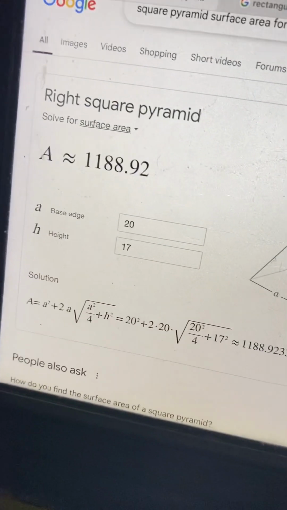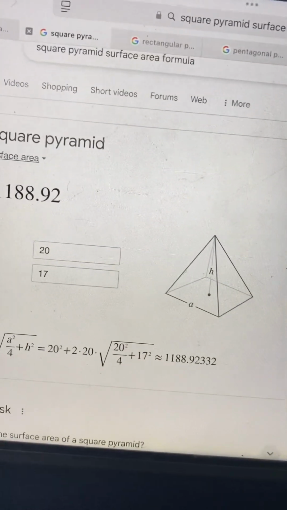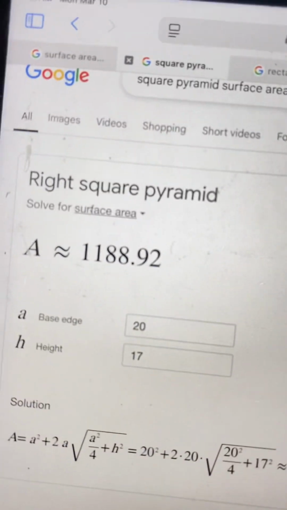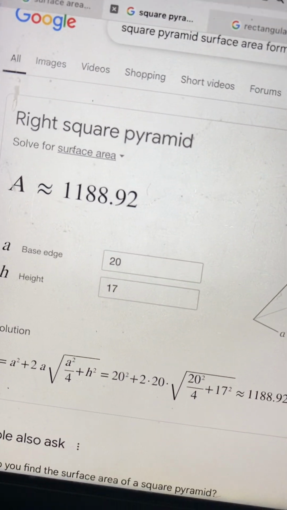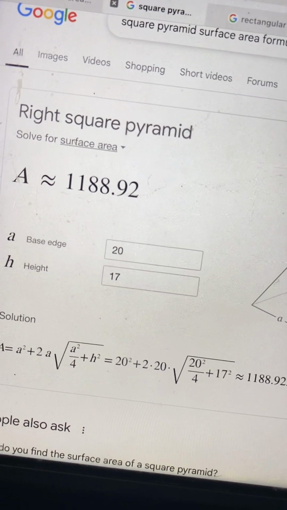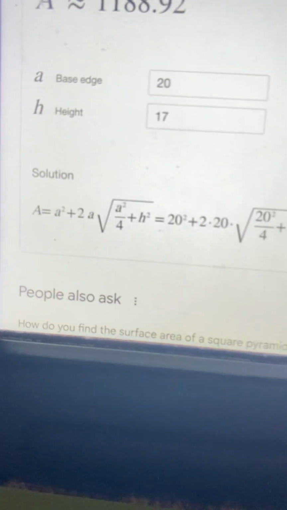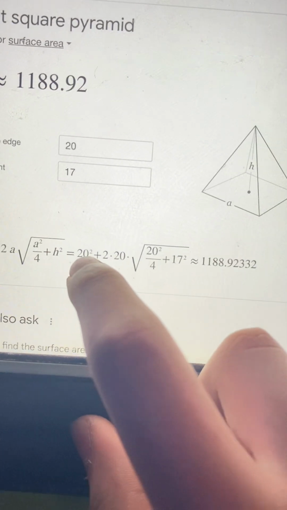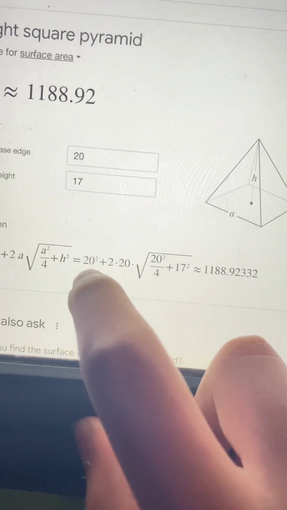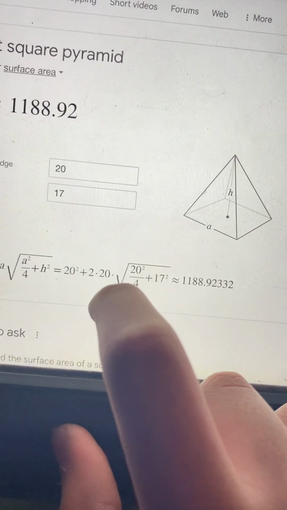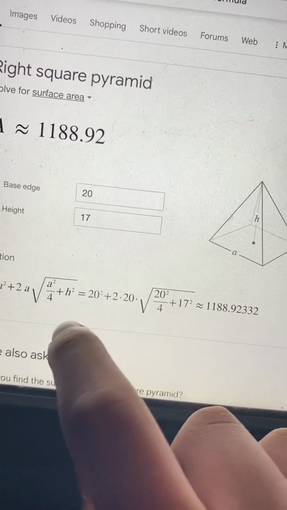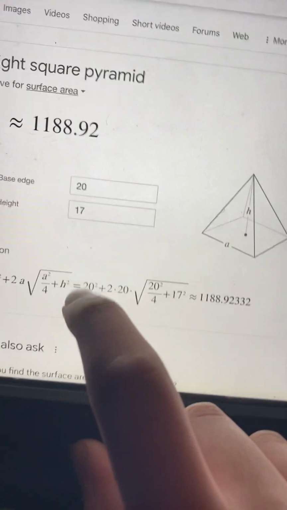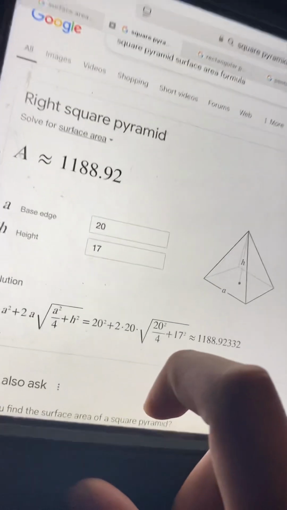For the right square pyramid overall, not its net, be careful, we should get a surface area of around 1,188.92. Wow, that's a lot. How do we do that? Using the formula that we applied here. Don't do 20 times 2. Do 20 times 20, which is 400. Then 2 times 20 is 40. 400 plus 40 is 440.